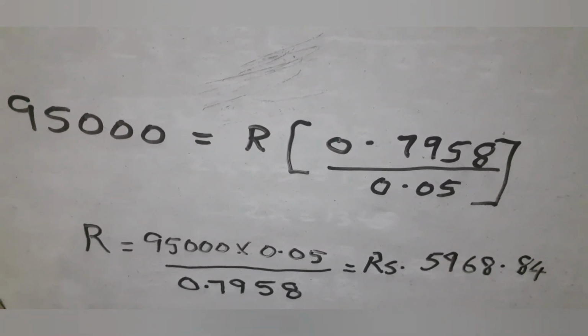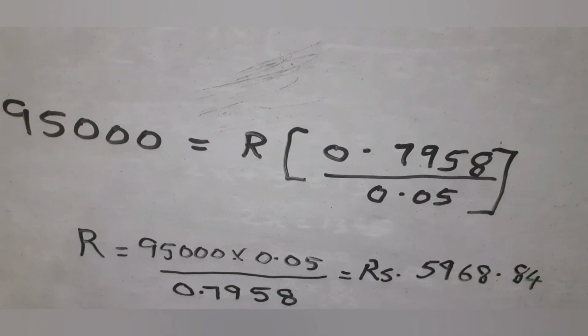Denominator, we could use 0.8 instead of 0.7958 to get an approximate value.